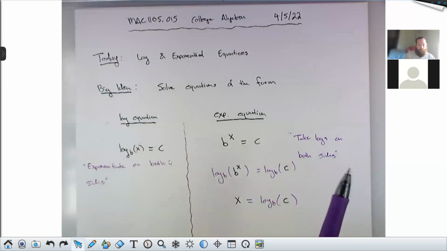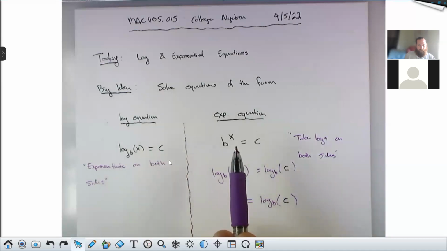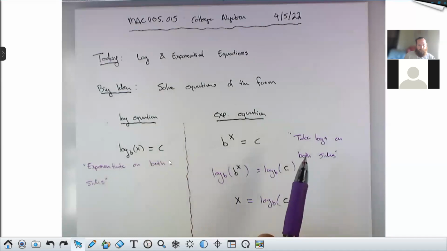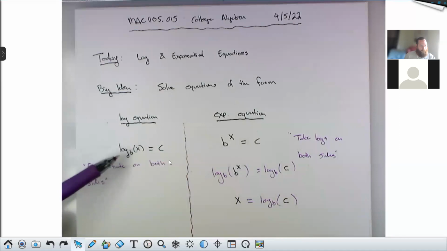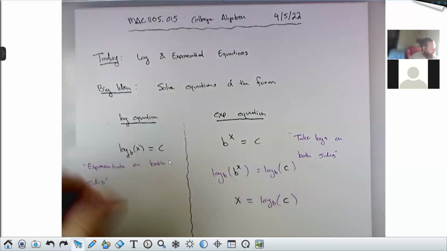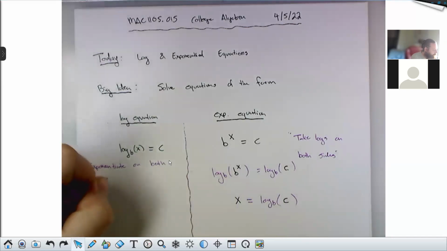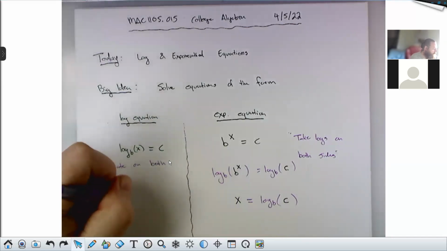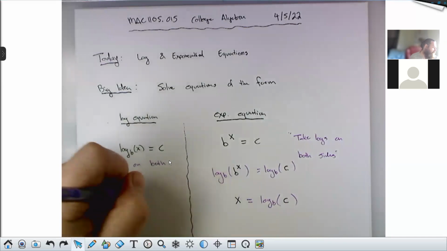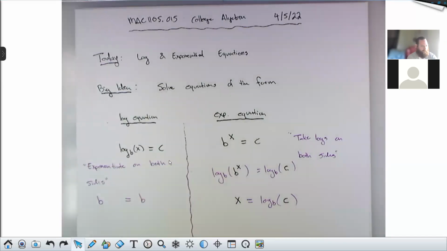Because the log is the inverse to the exponential function, we can get this variable down out of the exponent by taking logs. Because the exponential is the inverse to the log function, we can get the variable out of this log by exponentiating. What that means is you're going to put both sides in the exponent of your base.